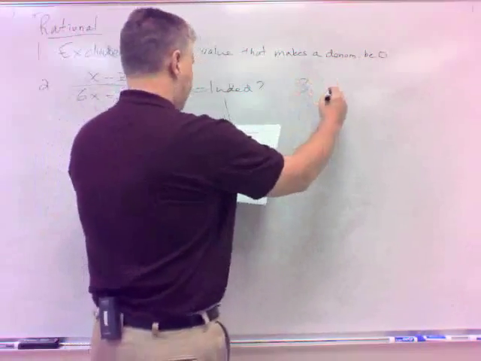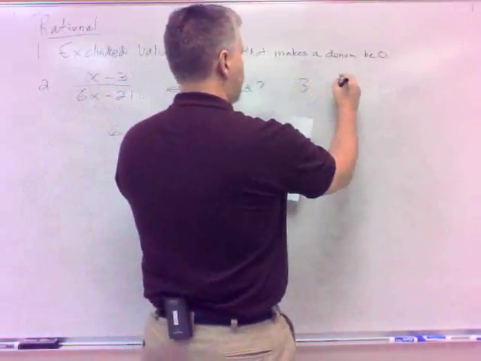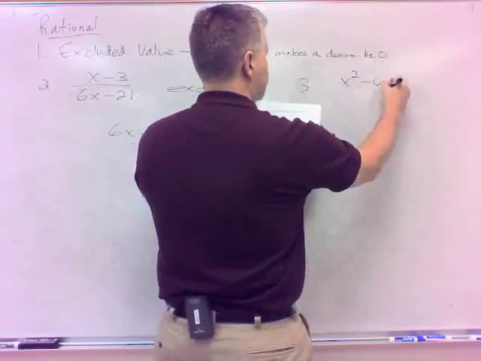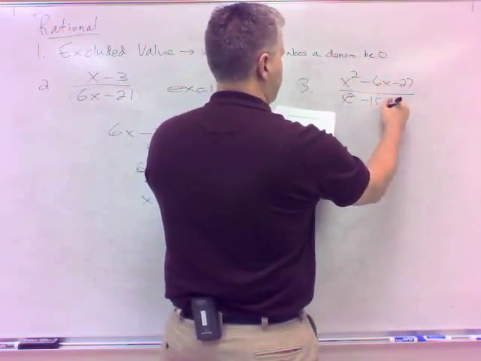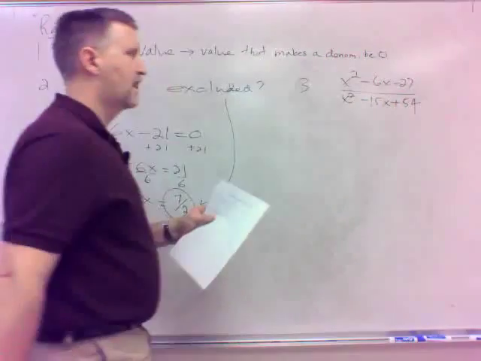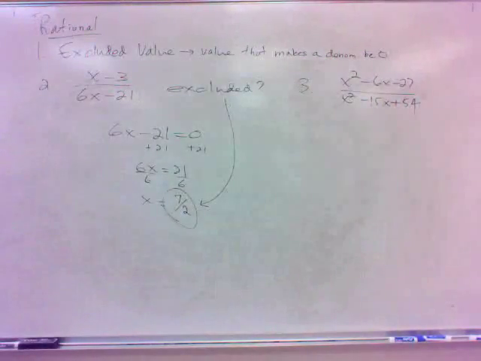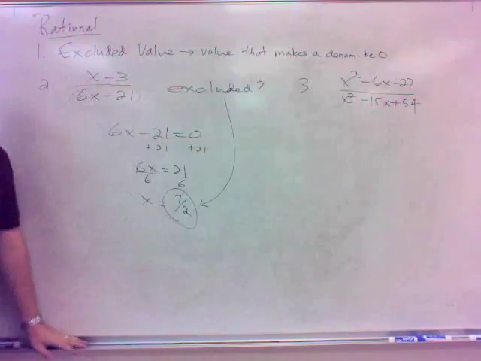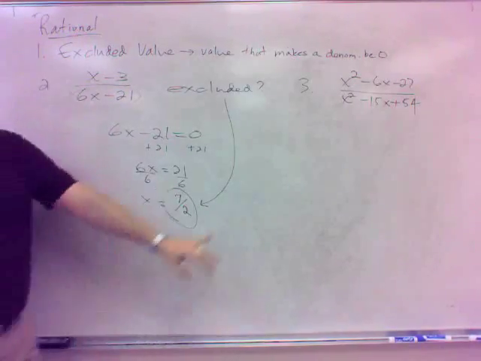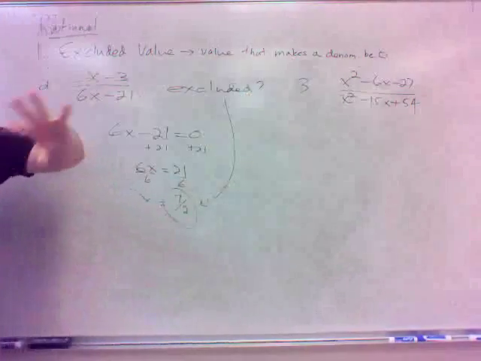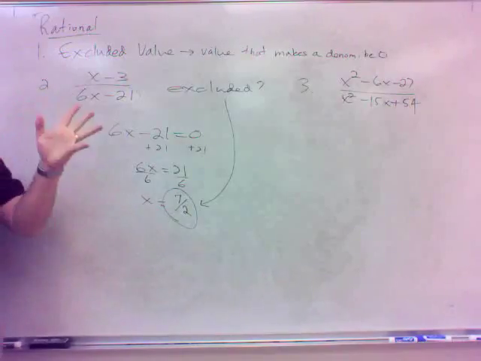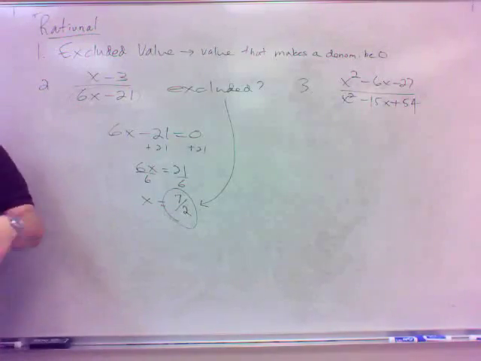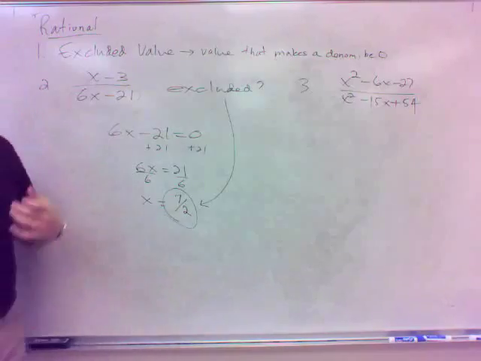Now, looking at number 3, write or simplify to lowest terms x squared minus 6x minus 27 over x squared minus 15x plus 54. Little rule of thumb on simplifying or writing in lowest terms fractions like this: if you see something to factor, you better factor it. Really, it amounts to you can only cancel factors.